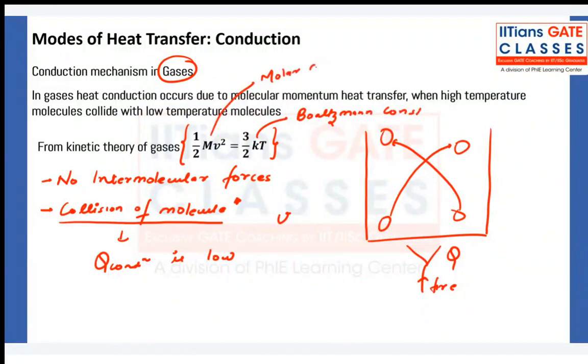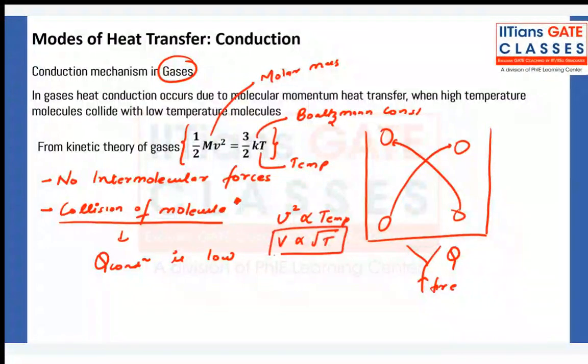Velocity is proportional to the square root of temperature T. Now the heat transfer is happening because of velocity only.